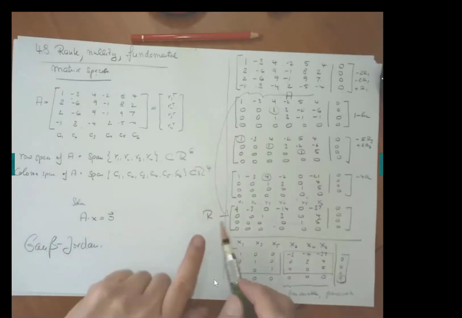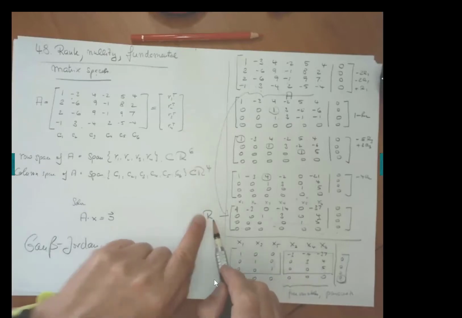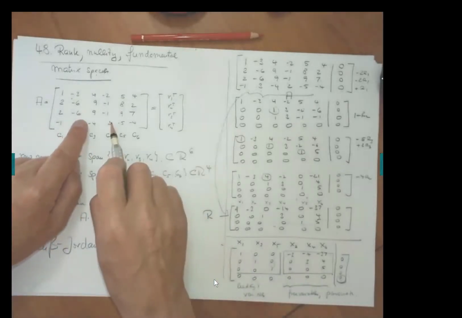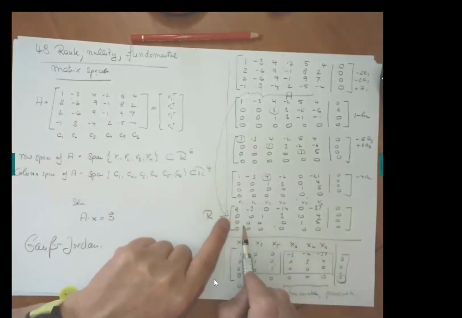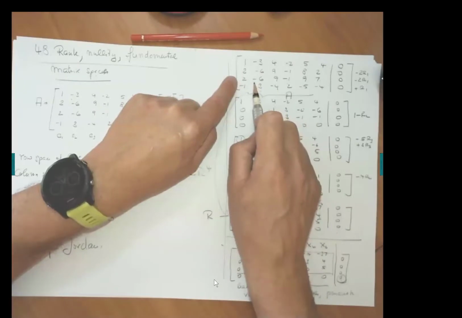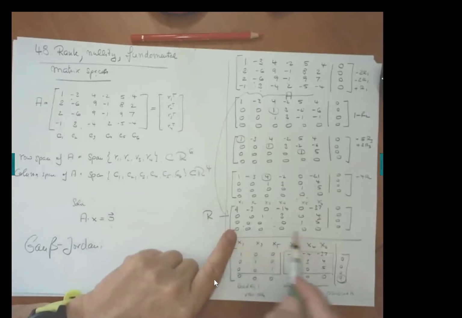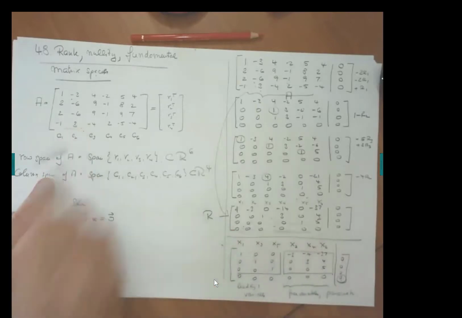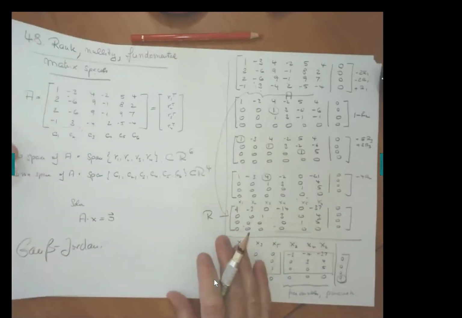So it turns out the row space of R and the row space of A are the same. The dimension of the column space of R and the dimension of the column space of A are the same, but not the column spaces themselves. Obviously not, because here we have zeros, here we don't. Okay, so I'd like to write this down.